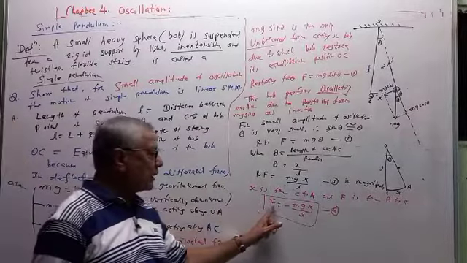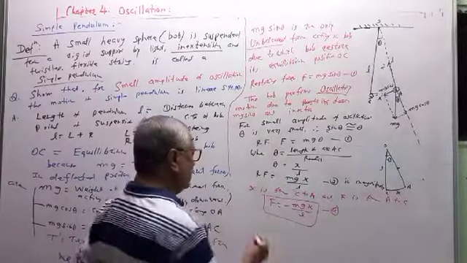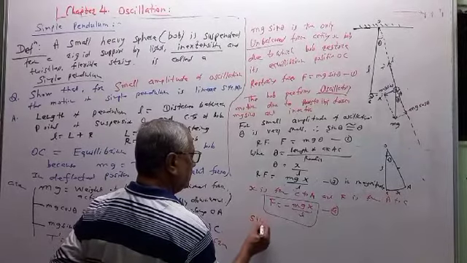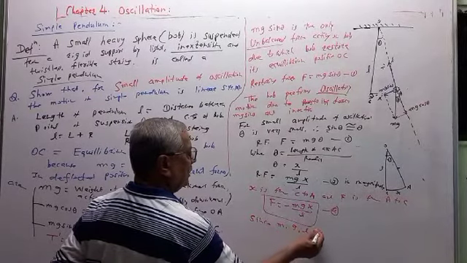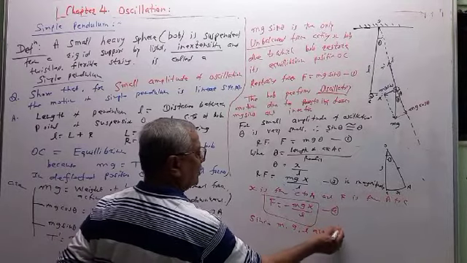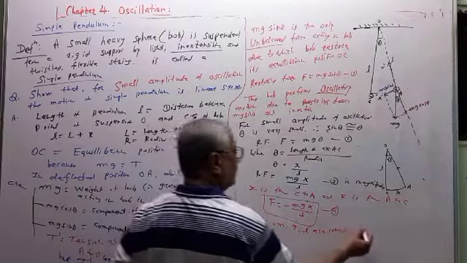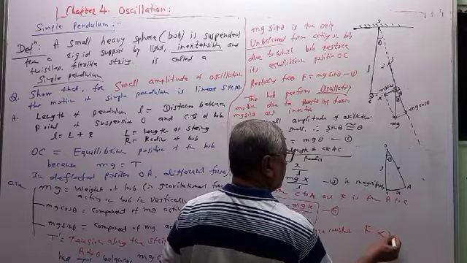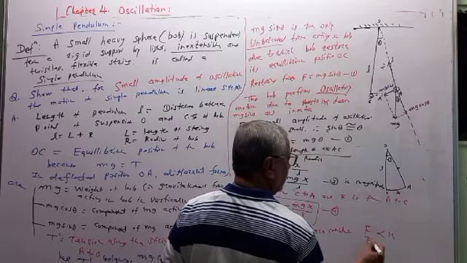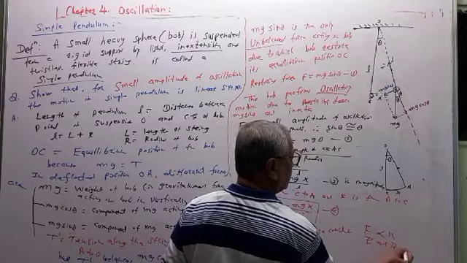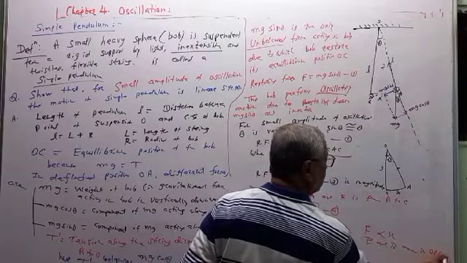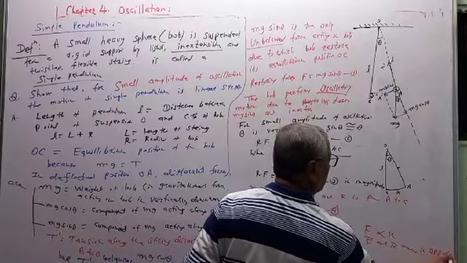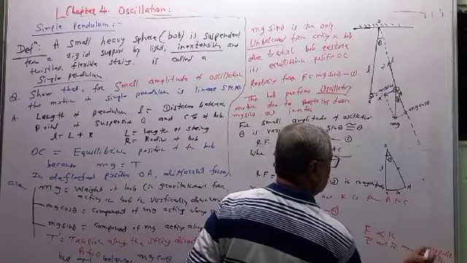So restoring force has magnitude directly proportional to x, since m, g, L are constant for a given pendulum, and therefore F is directly proportional to x, and F and x are in opposite direction.